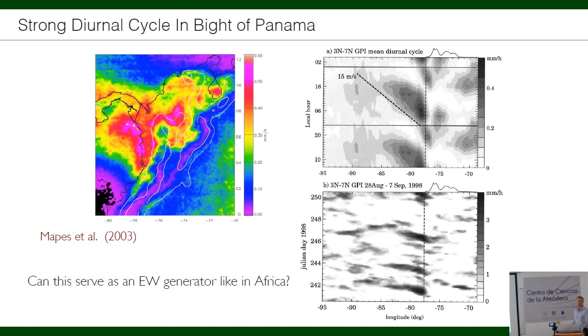This is indicative of westward propagation off the coast at about 15 meters per second. So there's a very strong diurnal source of precipitation here that is causing convective disturbances to propagate into the Eastern Pacific over the Bight of Panama. We were thinking that maybe this could be an important generator for easterly waves, much like we see over Africa with the diurnal cycle there.